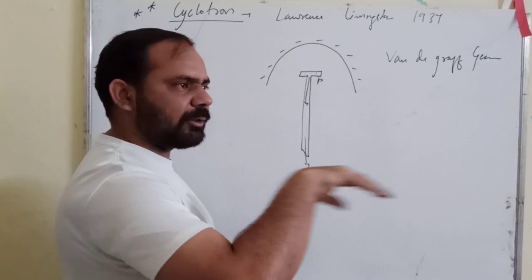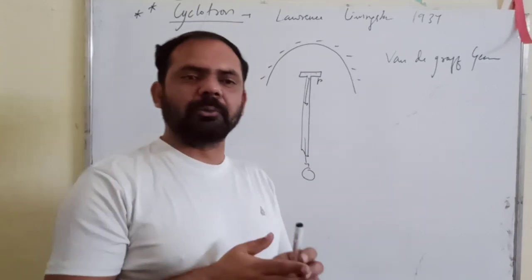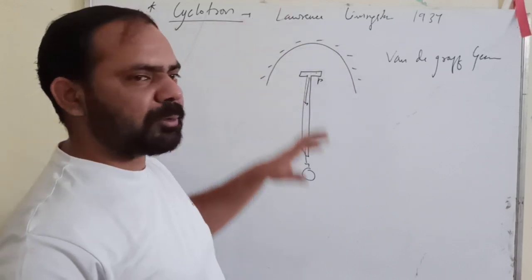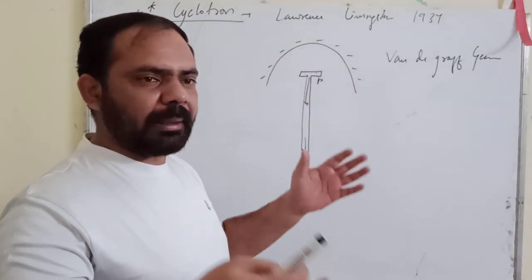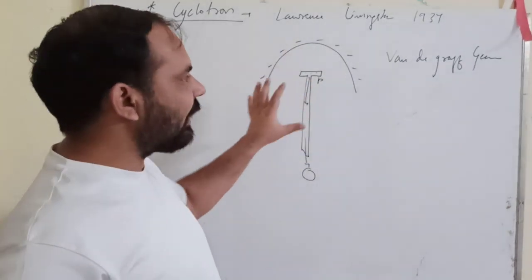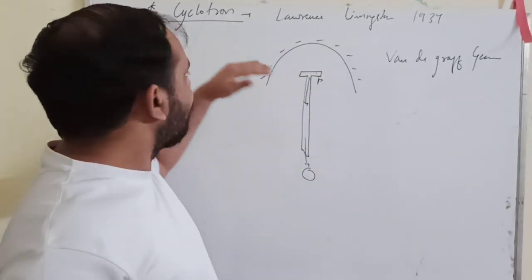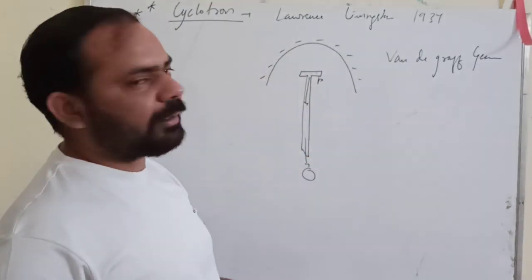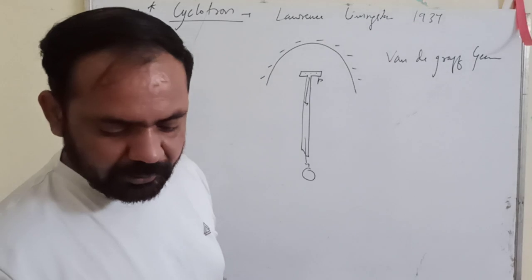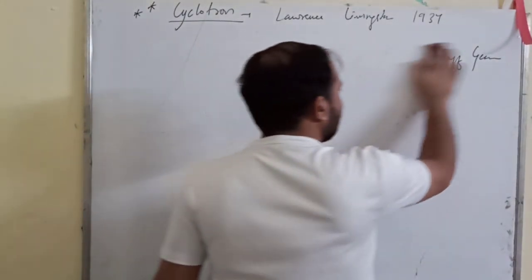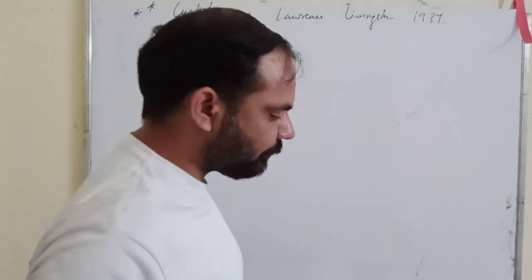Since the charged particle is accelerated by moving through a tube, it needs a large amount of space. The size of the accelerator was very bulky, right? So to overcome the drawbacks of this linear accelerator, Lawrence and Livingston designed a new kind of accelerator in 1934, which is called a cyclotron. Now, what is that? That we will discuss now.